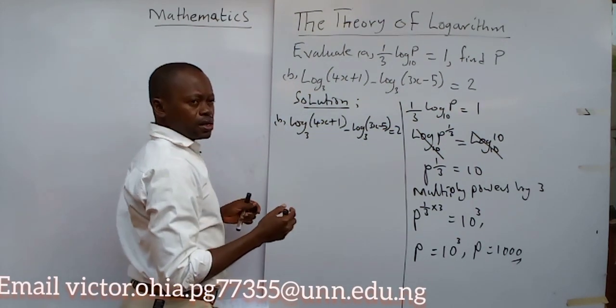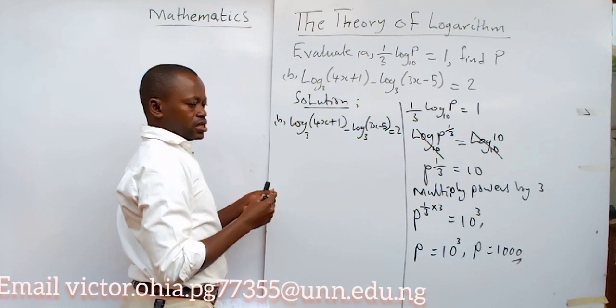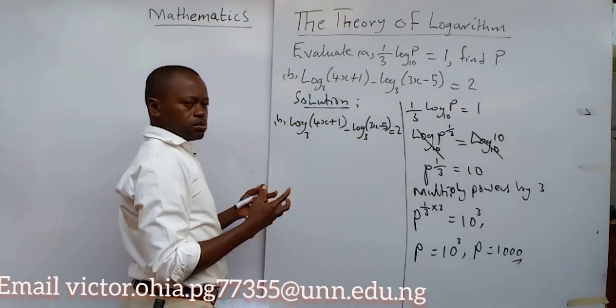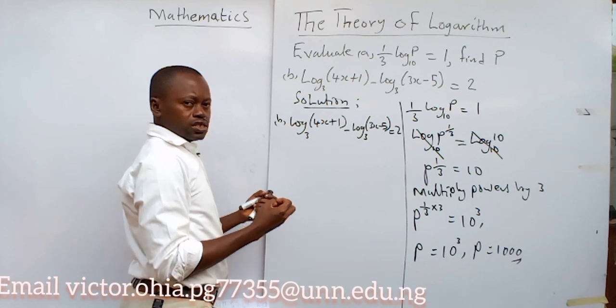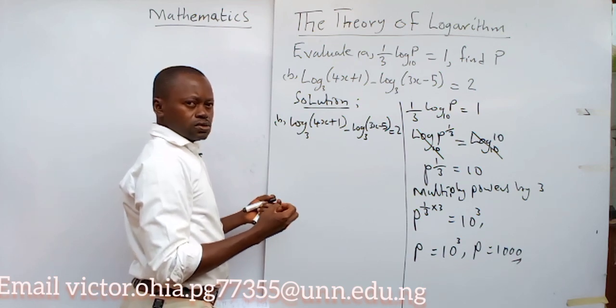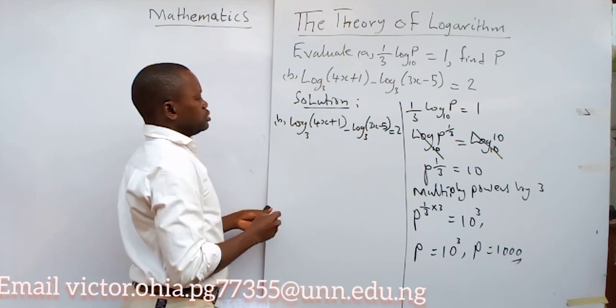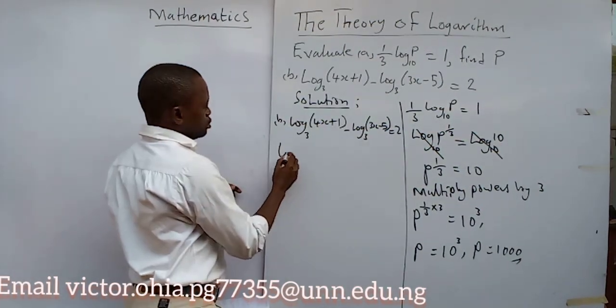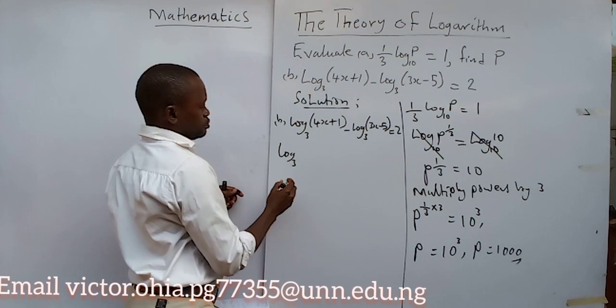Now, do you remember when we said that when the logarithms of two numbers are being subtracted, we take the quotient of the numbers to that base? So that is to say that this can be written as log in this base 3.